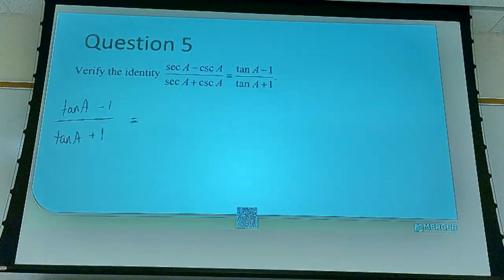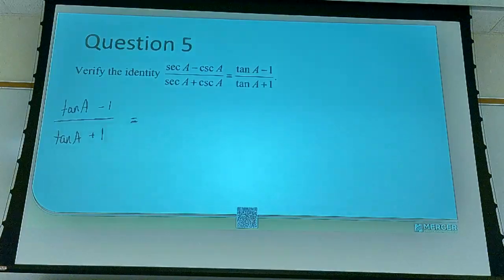We could use the Pythagorean identity, 1 plus tangent squared equals secant squared. Problem is, there isn't 1 plus tangent squared. There's 1 plus tangent. We can use then sine or cosine.